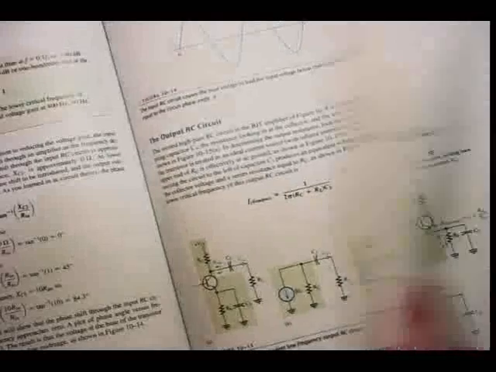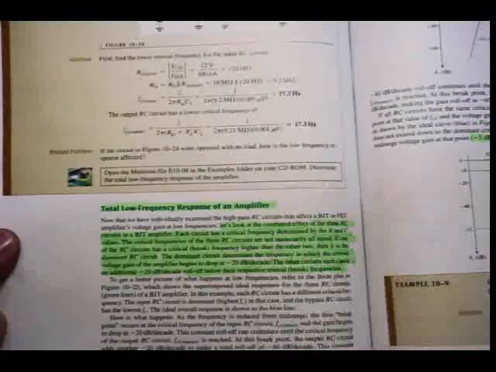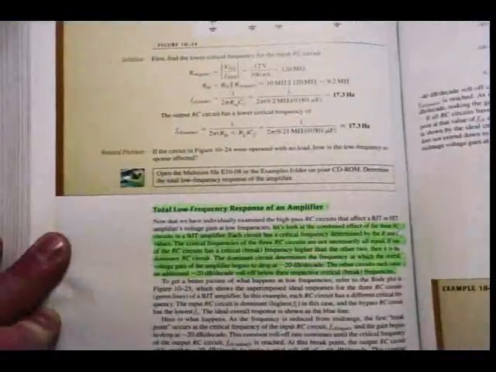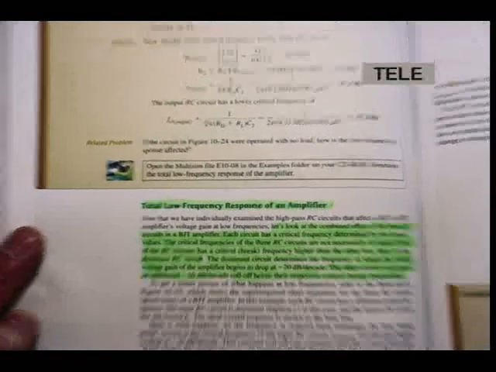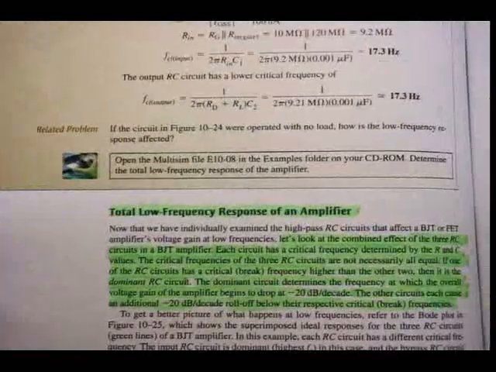So I just wanted to show you that, and then we skip the rest of the chapter until we get to the end of this specific section on page 512, where it shows us the total low frequency response of an amplifier.